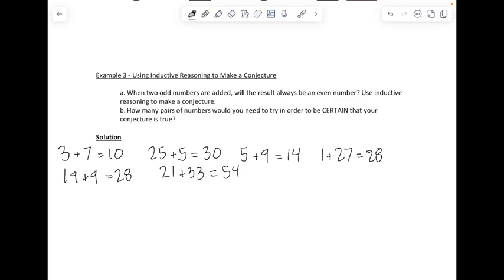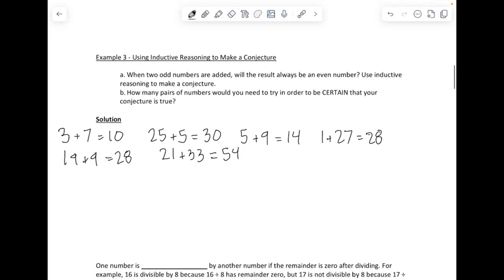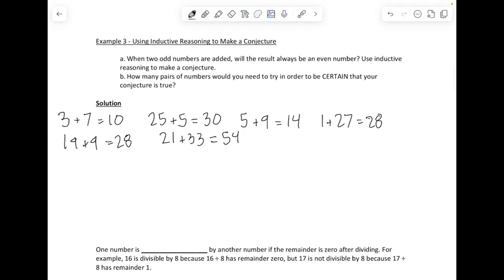But before we do that, let's go over another example. And we're going to talk about an example that involves dividing numbers. So I want to define the term divisible. We say that one number is divisible by another number if the remainder is 0 after dividing.